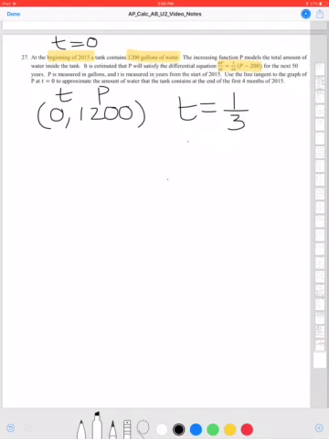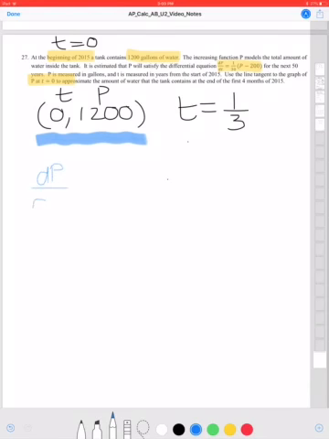So it says use the line tangent to the graph at T equals 0 to approximate the value at 1/3. So we're going to use this point to set up our tangent line, and then we're going to plug in 1/3 at the very end. Okay, so I've got my point. It's (0, 1,200). My slope is going to be what I get when I plug in at that time.